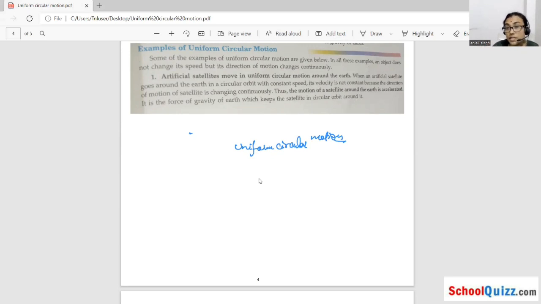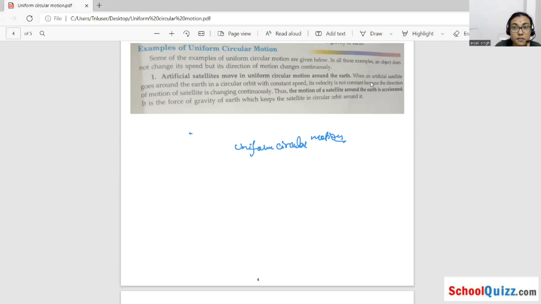The motion of a satellite around the earth is accelerated. They are moving in circular motion, as well as being uniform. It means they are changing their velocity equally in equal intervals of time.